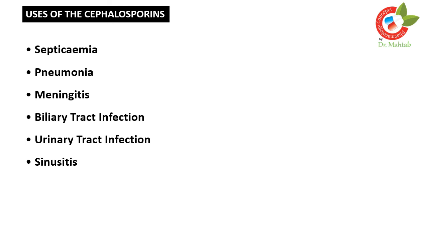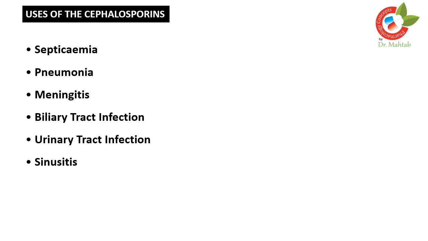Now we will see the clinical uses of cephalosporins. Cephalosporins are used to treat infections caused by sensitive organisms. As with other antibiotics, patterns of sensitivity vary geographically and treatment is often started empirically. Many different kinds of infections may be treated, including septicemia.